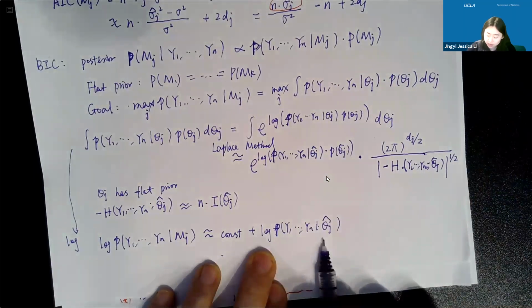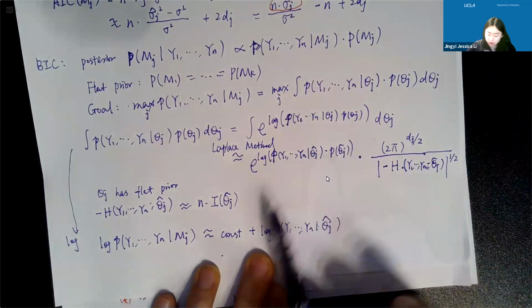Okay, this one comes out, and this flat prior goes into the constant.